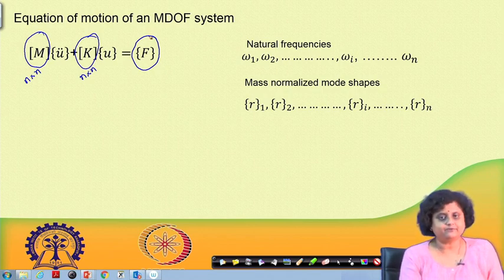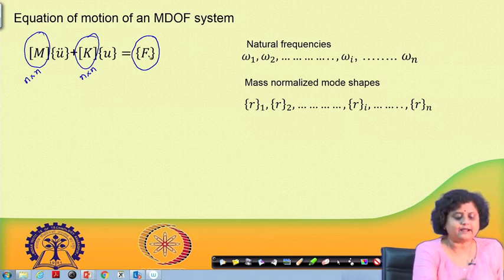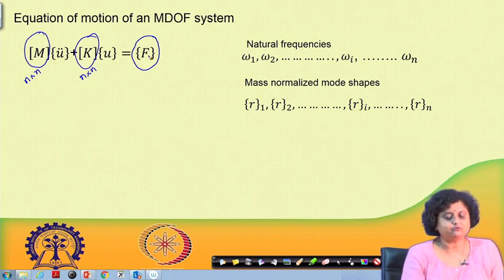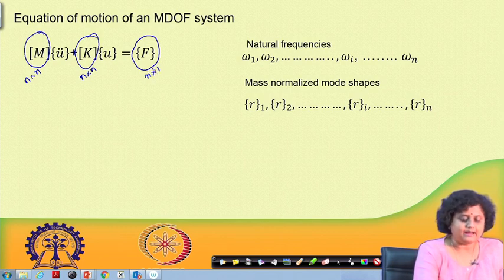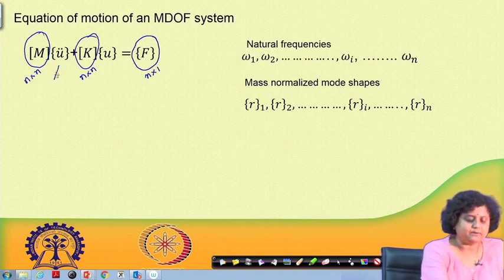We were dealing with free vibration problem. Now we have brought in the forced vibration. So, on the right hand side I have the force vector, which is n cross 1, and this is my displacement vector or my degrees of freedom, which is also n cross 1.